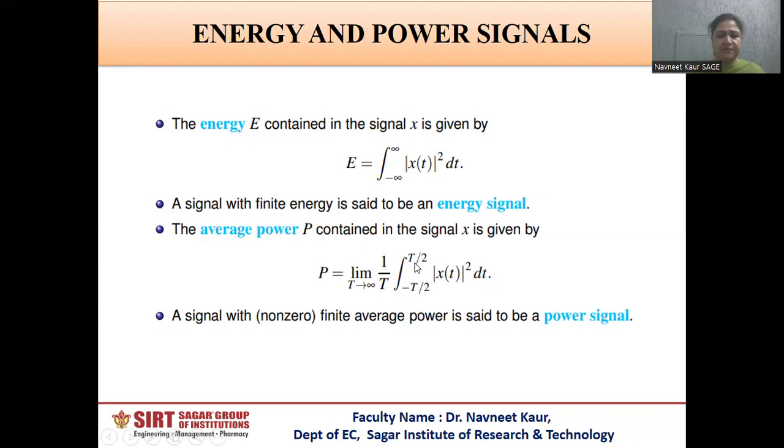Similarly, for a discrete time signal, I'll have a summation sign in place of integration and I'll have capital N, which is the fundamental time period of x[n]. So I'll have the formula limit N tends to infinity of 1 upon N, summation n equal to minus N by 2 to plus N by 2, of |x[n]| squared. A signal with finite average power and infinite energy is said to be a power signal.